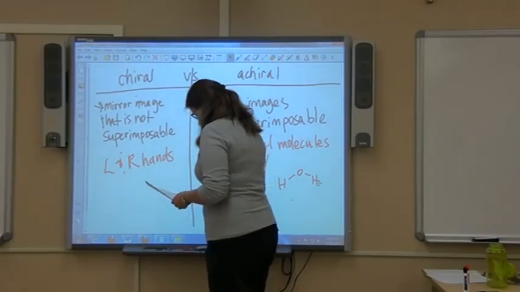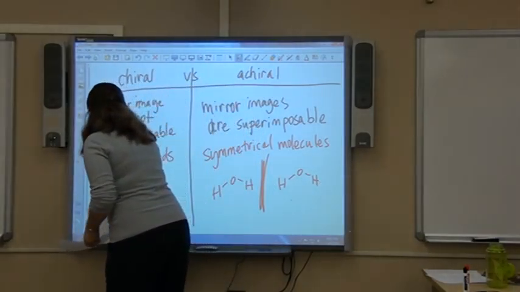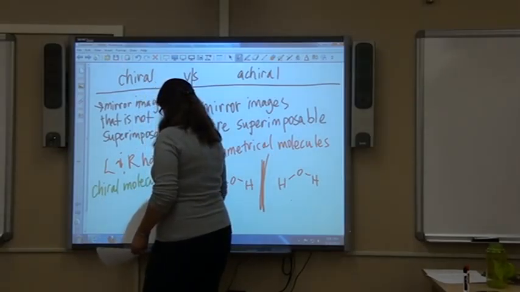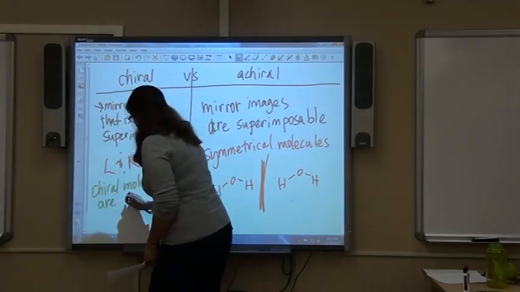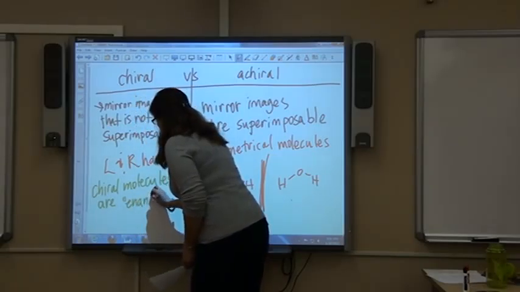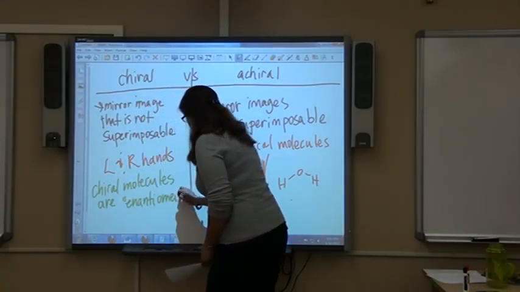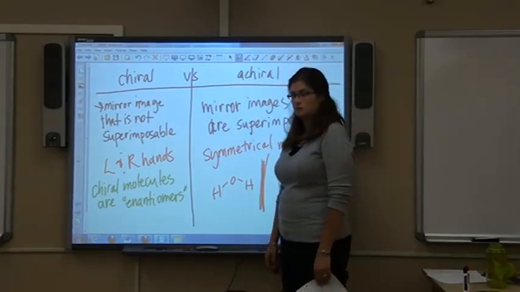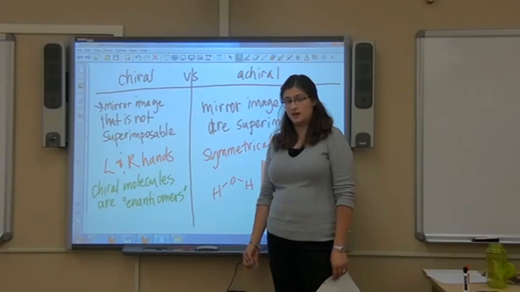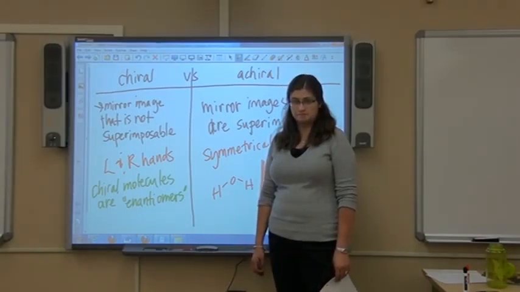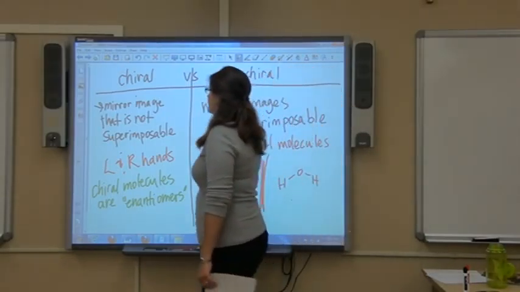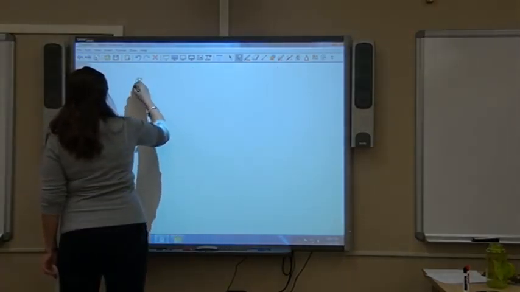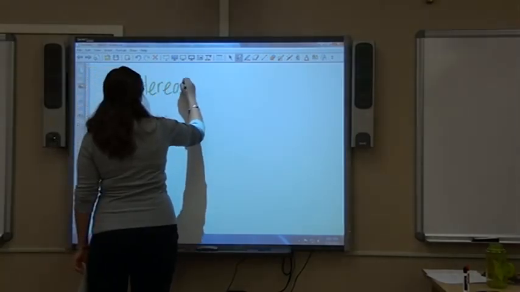Okay, now the big thing is that chiral molecules are called enantiomers. That is the name of the isomers. There is a left and a right enantiomer. And when you have a chiral molecule, you have what's called a stereogenic center.